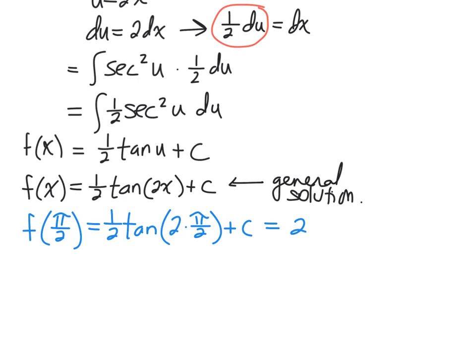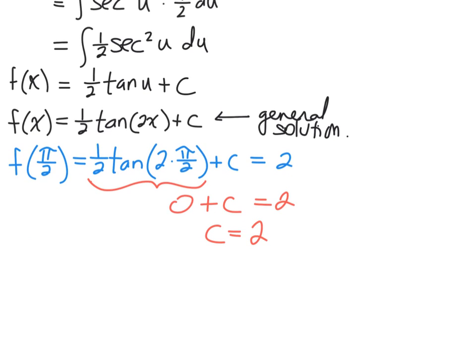So this is going to be tangent of pi, because 2 times pi over 2 is pi. So what is the tangent of pi? Zero. You totally had it. Tangent is 0 wherever sine is equal to 0.